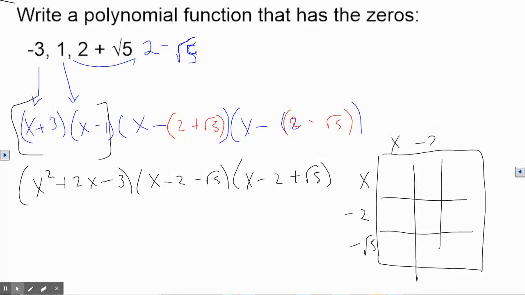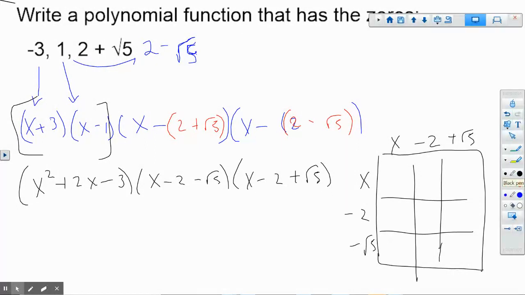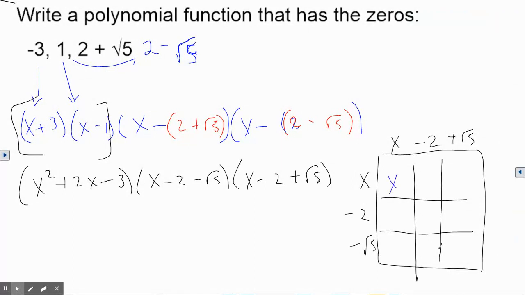and pause the video and see if you can get 4 of the boxes to add up to 0. So pause the video and multiply this thing out. Go ahead. All right, so here we have x squared and negative 2x, and positive 4. But you should have gotten x times the square root of 5 over here and negative x times the square root of 5 over here. They're going to add up to 0.